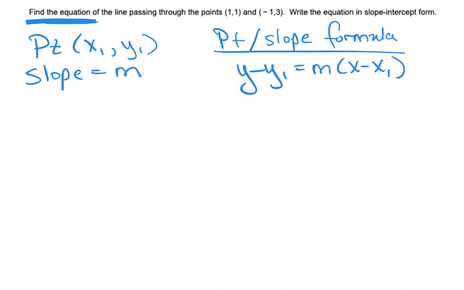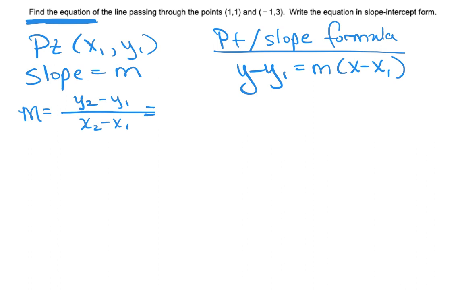Okay, so we have to have a point. Well, we have 2 points. We can pick either one. It doesn't matter. Now we have to have a slope. Well, we don't know the slope. So first, let's find the slope. We're changing y over changing x. Let's do that.